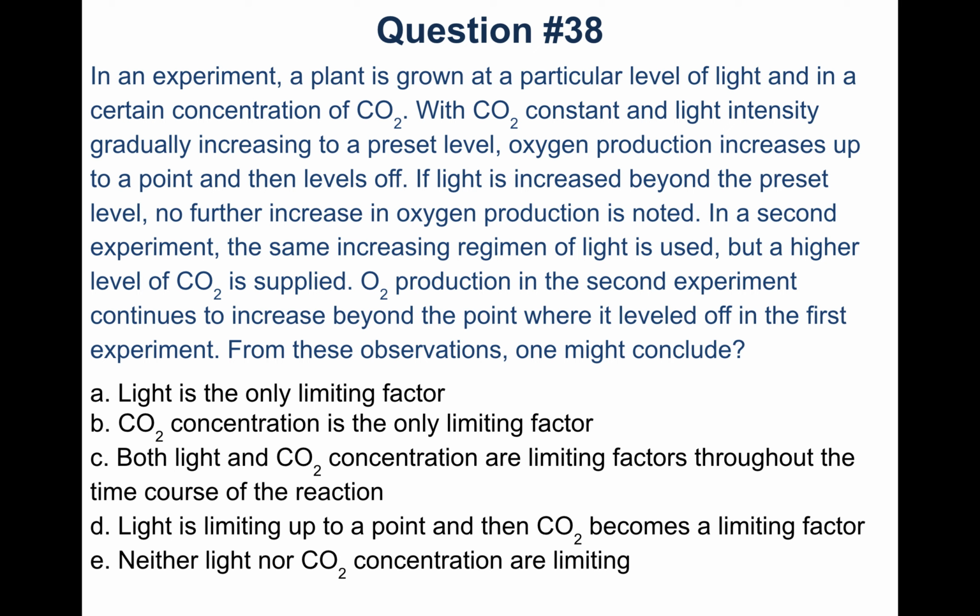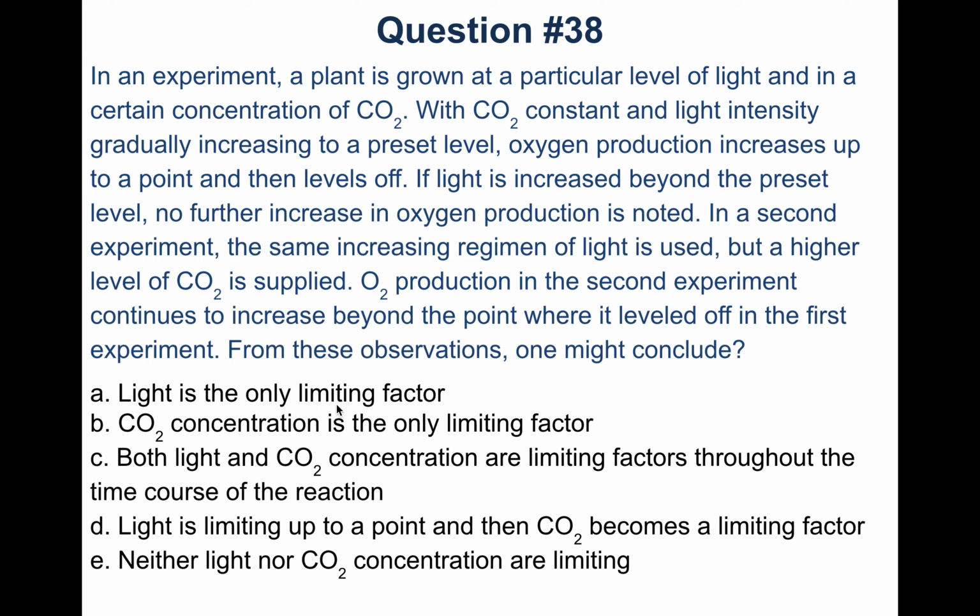So obviously, light is controlling oxygen production, but up to a certain point, all right? And at that point, this is where it leveled off in the first scenario, because CO2 became the limiting factor. So light was controlling it at first, then CO2 became the limiting factor. And when you increase the CO2, you basically increase that cap of oxygen production, all right?